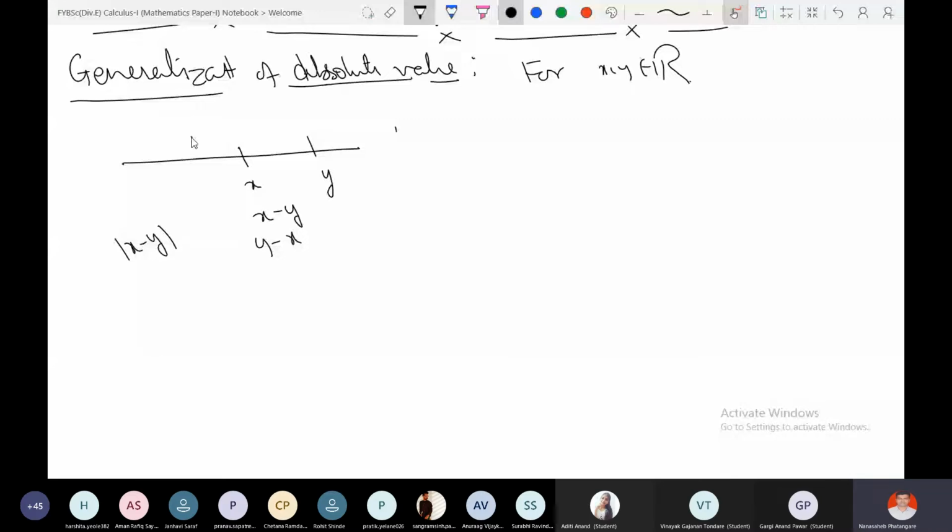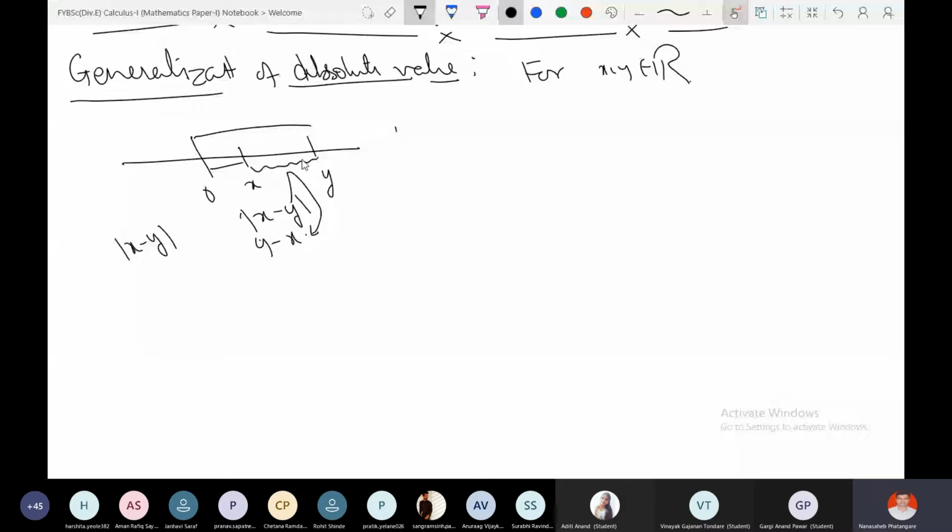And actually what it gives, suppose 0 is here, this is the y distance, and this is the x distance, and what is y minus x? This distance, right? This is y minus x. But this is the same as x minus y, provided I take absolute value.